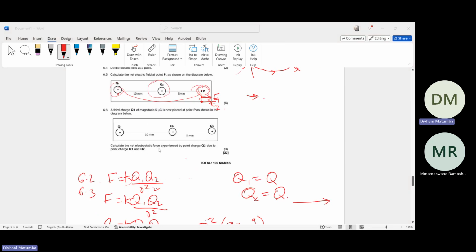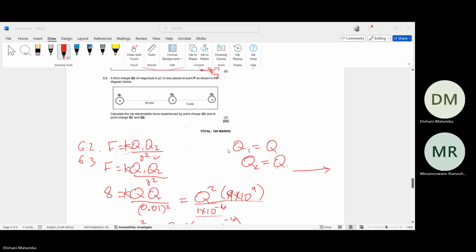Calculate the net electrostatic force experienced by the point charge Q3 due to point charge Q1 and Q2. 3 marks.